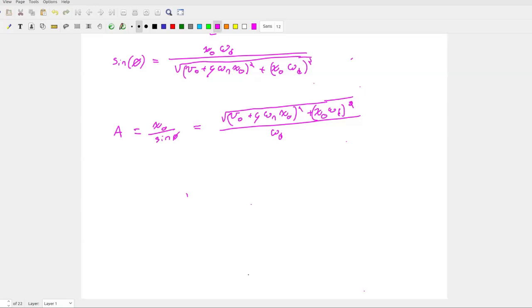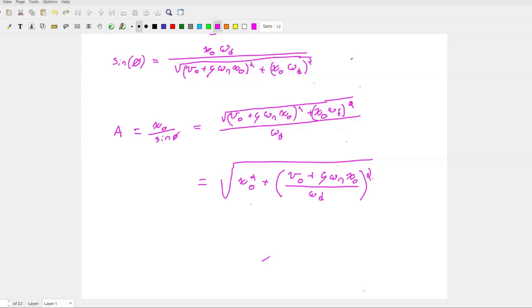A slightly easier way to write it might be, if you want a big square root, you can have x naught squared plus v naught plus zeta omega n x naught over omega d, close out your parentheses, square it, and then you have a nice expression for A that, again, if you don't write much down, write that down.